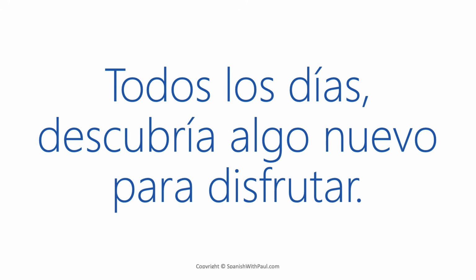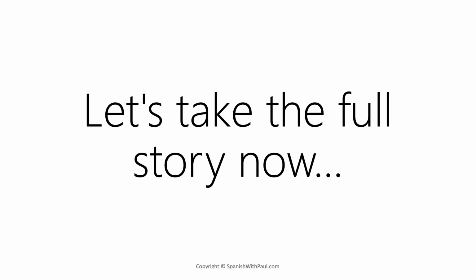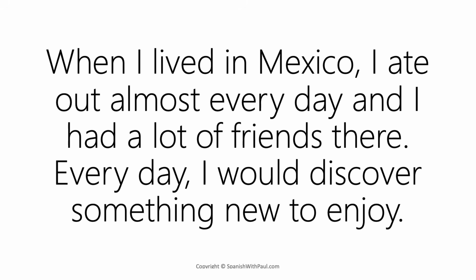What I'd like to do now is take our full paragraph, the one we have so far. So, when I lived in Mexico, I ate out almost every day, and I had a lot of friends there. Every day I would discover something new to enjoy. Let's take our verbs and highlight them in red. In each case, we can make a substitution because it feels like used to. Therefore, we'll use the imperfect.